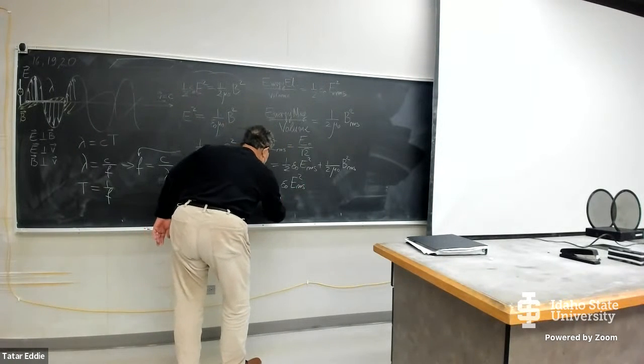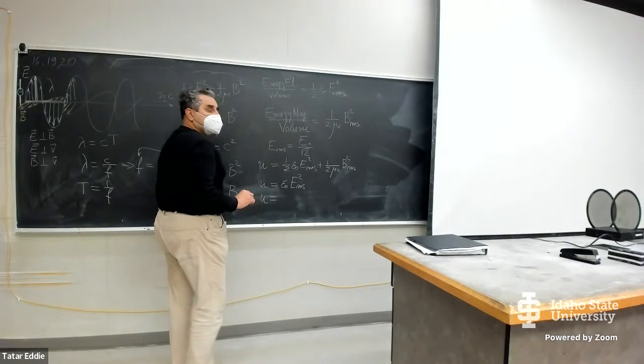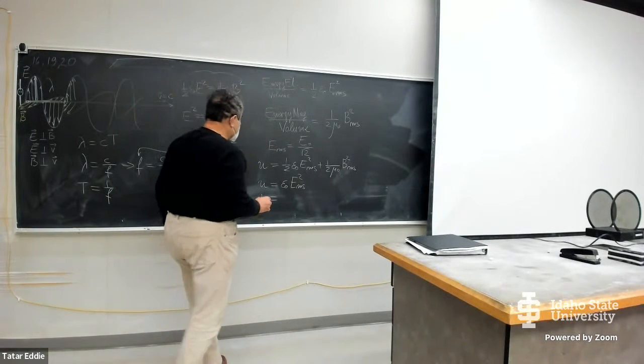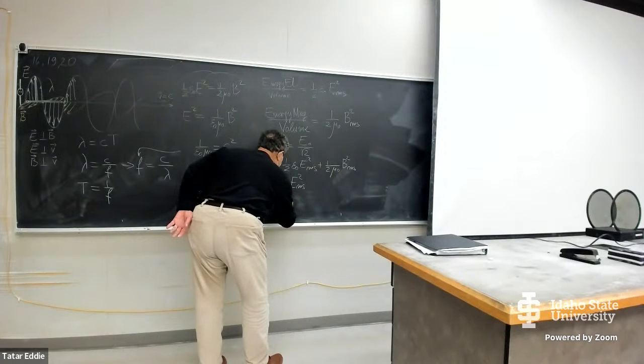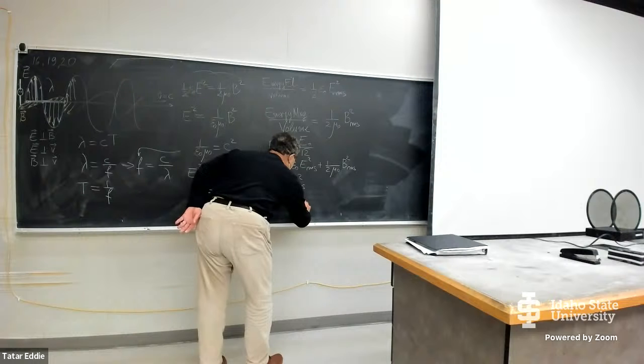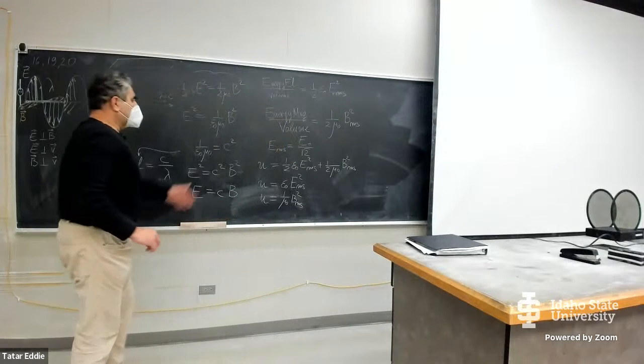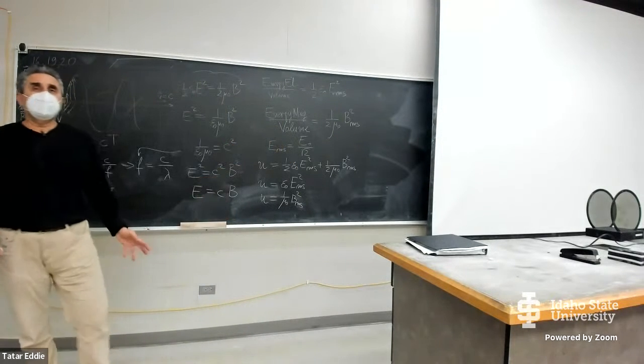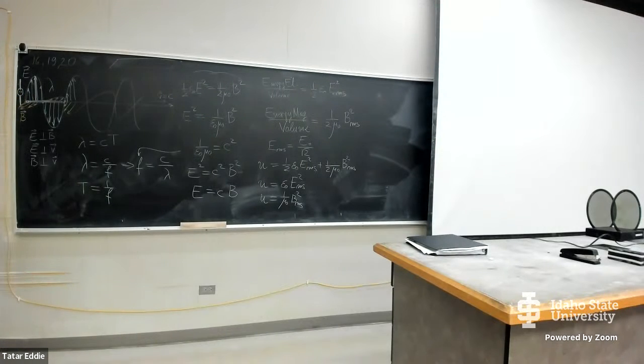Or you can say that density of electromagnetic energy is 1 divided by mu naught times the magnetic field RMS value squared. So those are three equivalent ways of expressing energy density of the electromagnetic field. And in different questions in the homework assignment, you may have to use one of those three equal expressions.